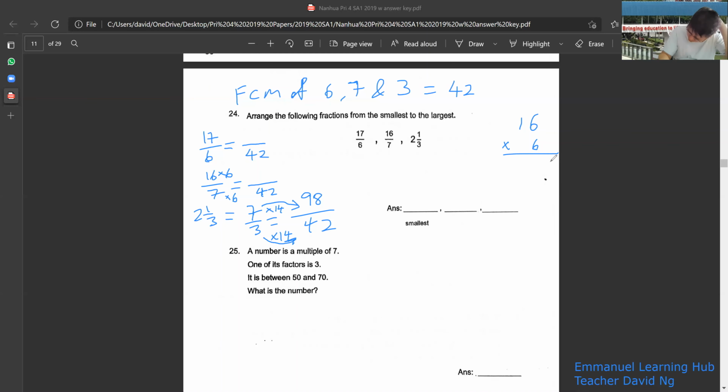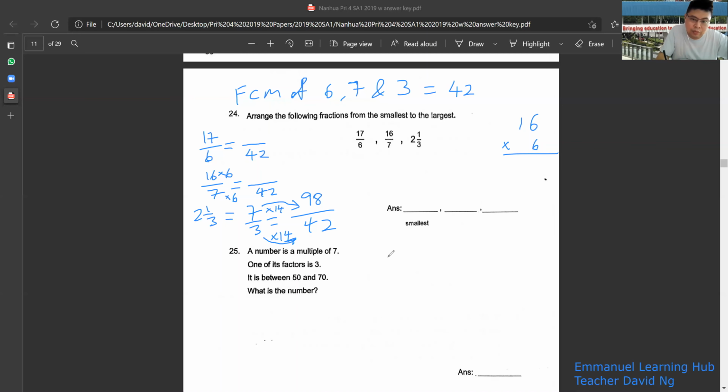How can 6 times 6 be 2? What is 6 times 6?